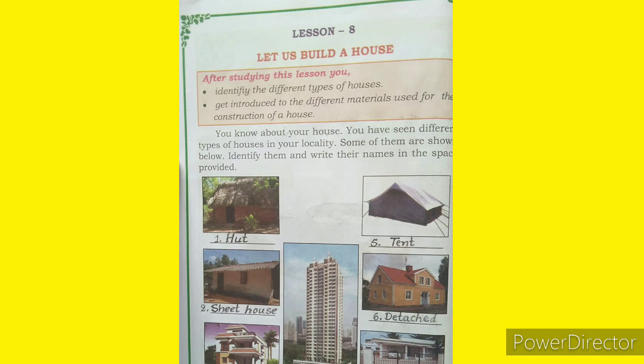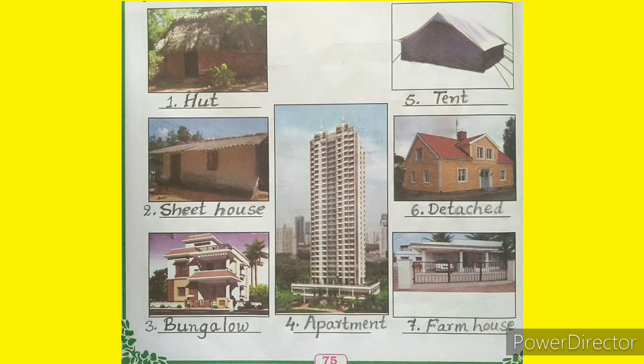Children, some of the houses are given here. Look at the picture, identify them and write their names in the space provided. First one is hut. Write it here. Second one is sheet house. Third one is bungalow. Fourth one is apartment. Fifth one is tent.